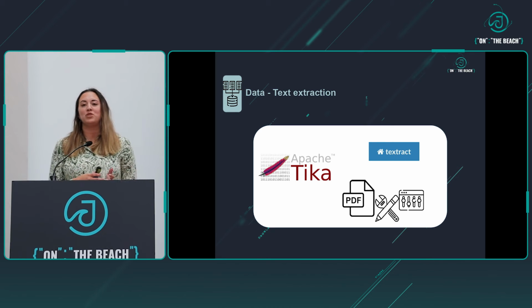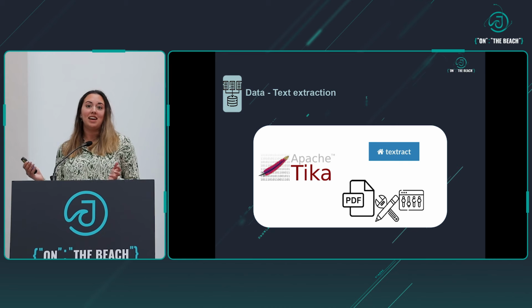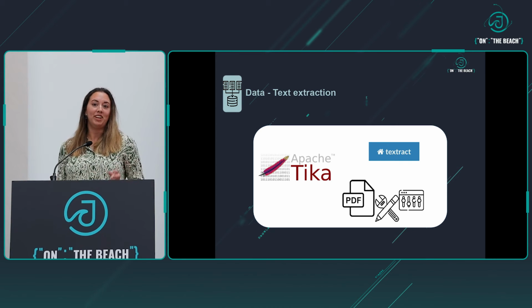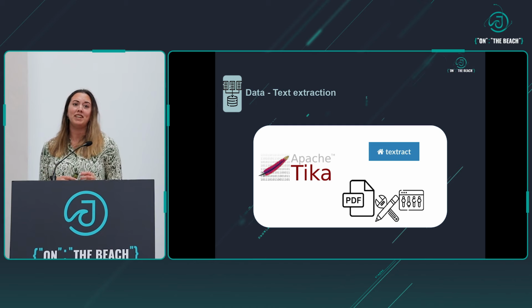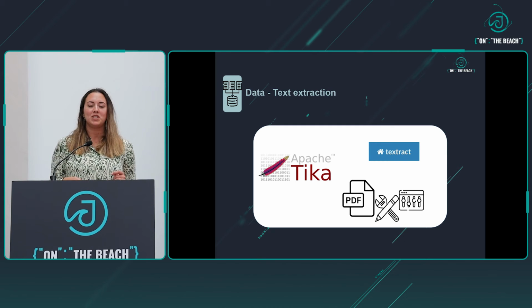Apache Tika is an open source tool that is very useful for text extraction. It can extract text from pretty much any file. But PDFs are very tricky. PDFs have many different formats and different ways to store fill-in data, mainly forms.